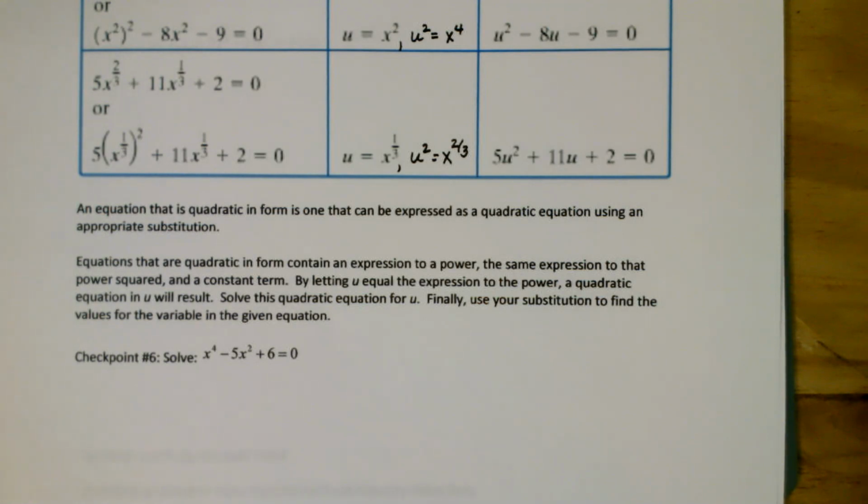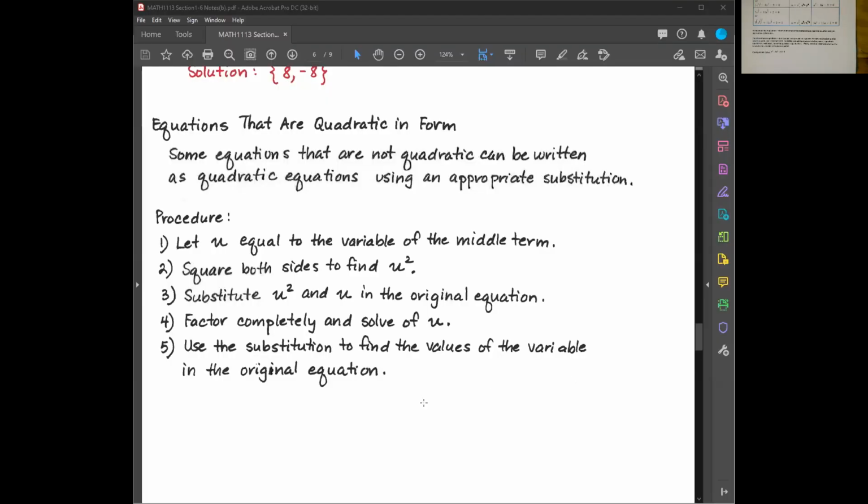And I also have a procedure here that I'm going to go ahead and share with you. And that's this right here. When you have equations that are quadratic in form, the procedure will be to let u equal the variable of the middle term. And then you'll square both sides to find u squared.